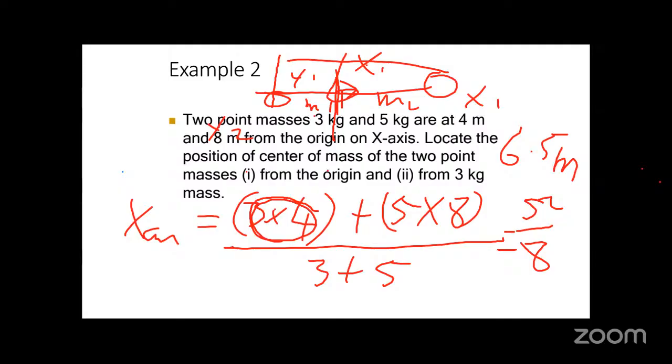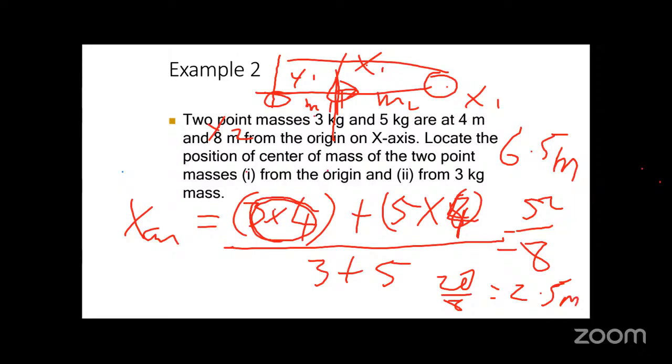Then the second mass from where it is to the first mass is 4, because we have cut off 4. So this time we are going to have 20 over 8. So that would be 2.5 meters.